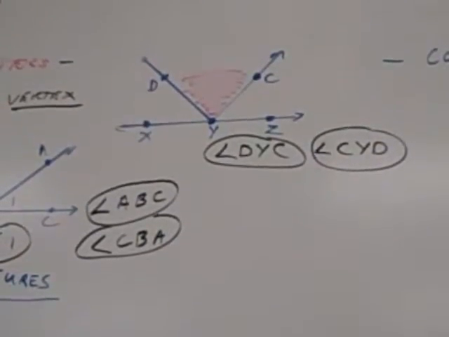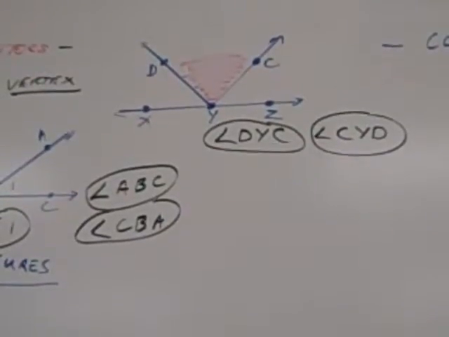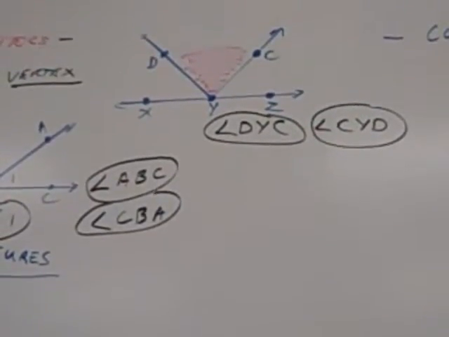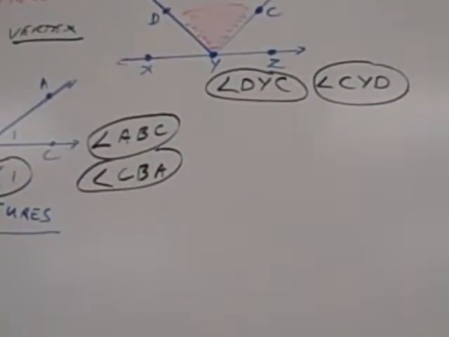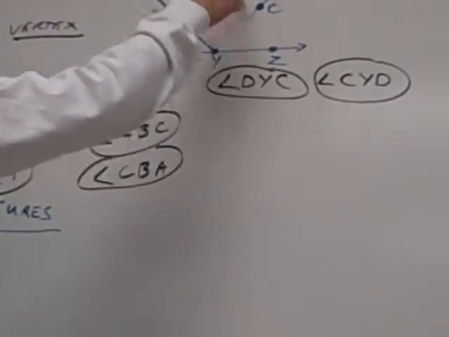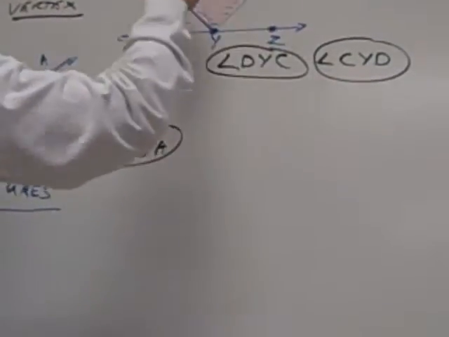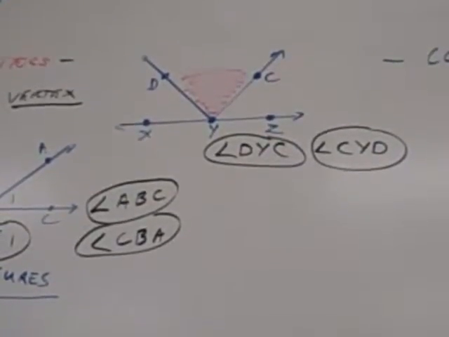But you have to make sure that Y is the vertex in the middle. Isn't it just angle Y? No. I already said I can't call it angle Y, because angle Y could be this angle, or this one, or this one, or that one. Can't just do Y. Too many angles up there.